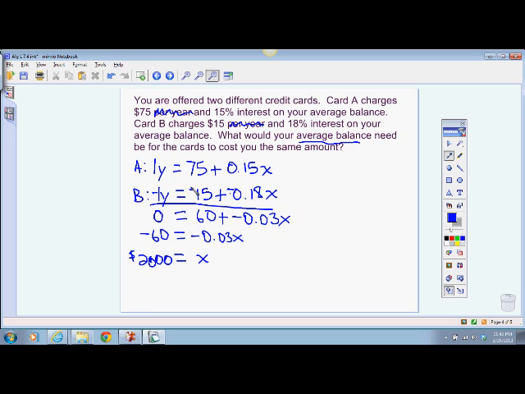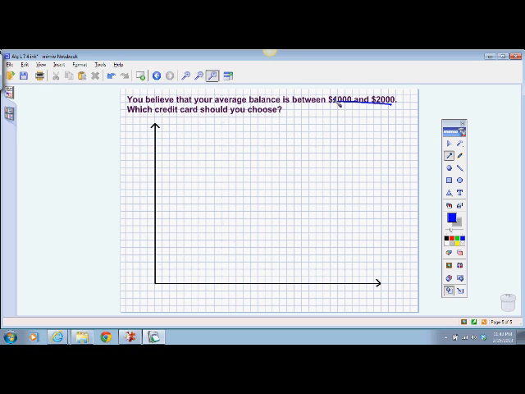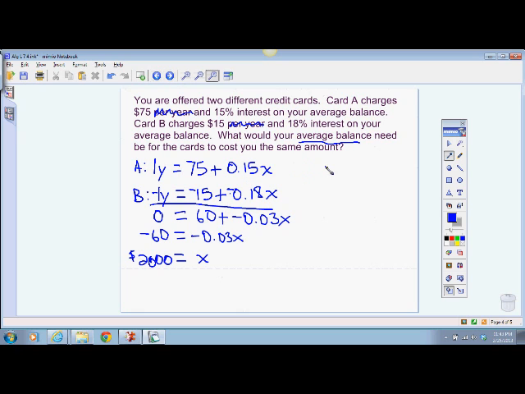This does not lend itself easily to slope-intercept form because we're using these decimals here. So I would make an input-output table. And since we are talking about between the thousands and the 2,000s, I'm going to use those. Again, the reason I'm using an input-output table is I don't want to have to graph a slope of 0.15 over 1.